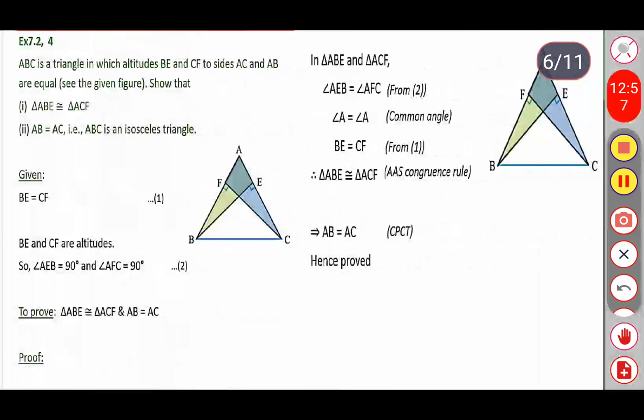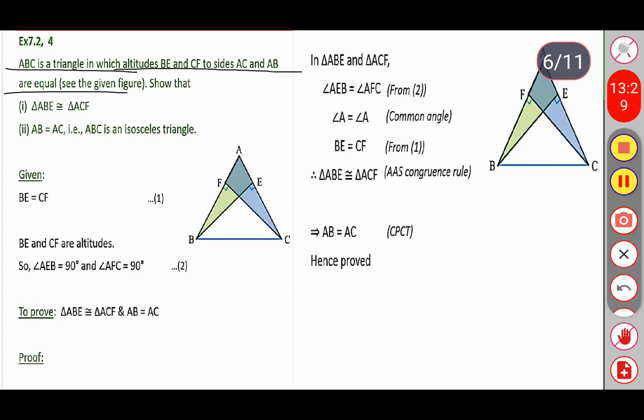Okay, see the next one, that is the fourth question of the same exercise. Just read the question first. What are the given data and what do we need to prove in the given question? ABC is a triangle in which altitudes BE and CF are equal, and sides AC and AB are drawn.